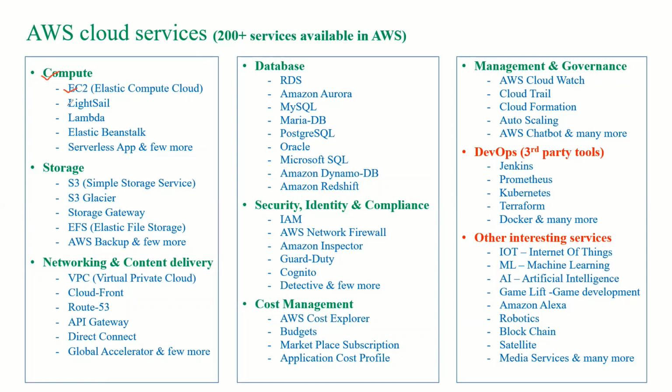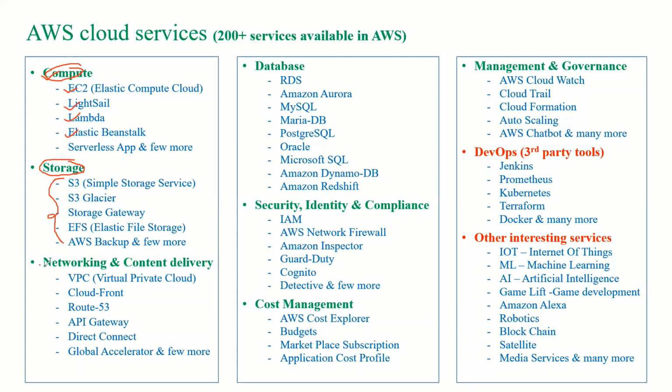In the upcoming classes, we will touch upon Lightsail, Lambda, Elastic Beanstalk, serverless apps, and features. Similarly, just like compute, we have another service called storage. It is the same storage where we used the 20 GB hard disk. You remember, we added the additional hard disk storage. That is what it is. There are many types of storage services available. We will learn each one of them.